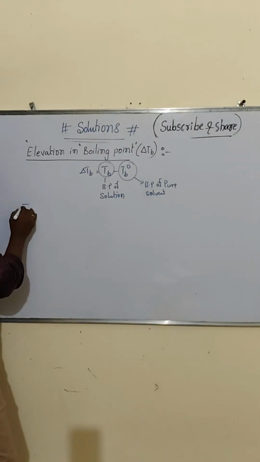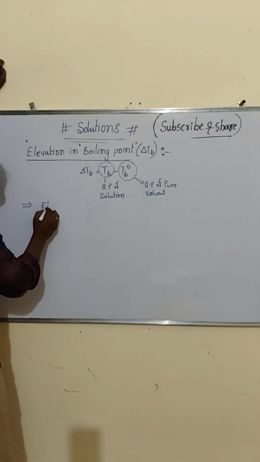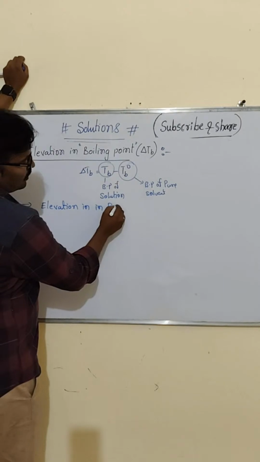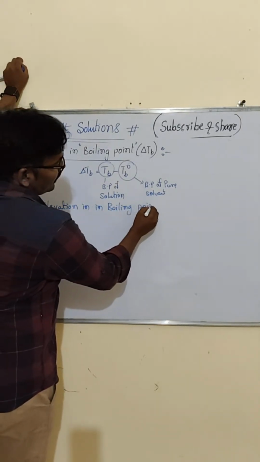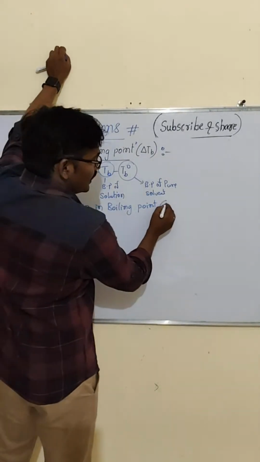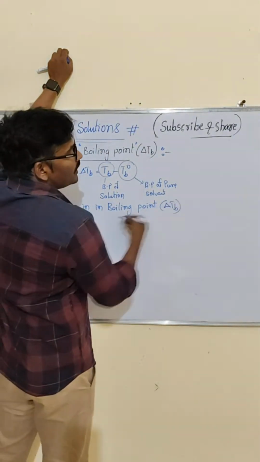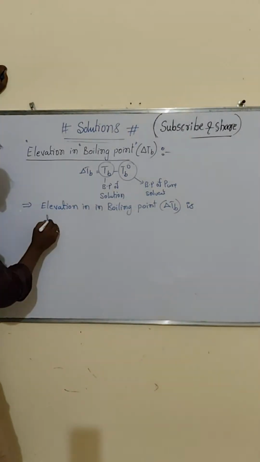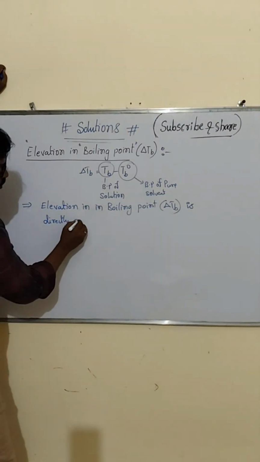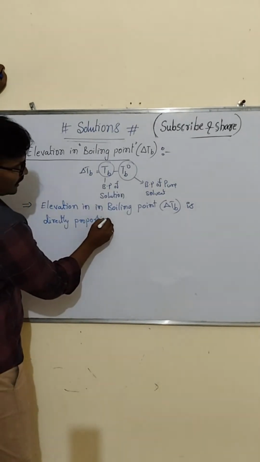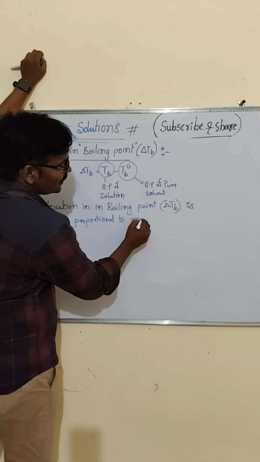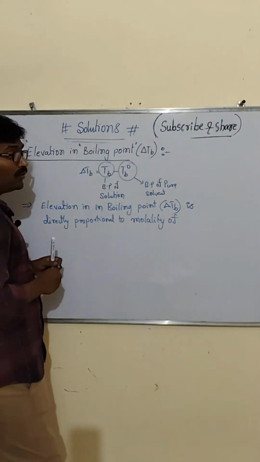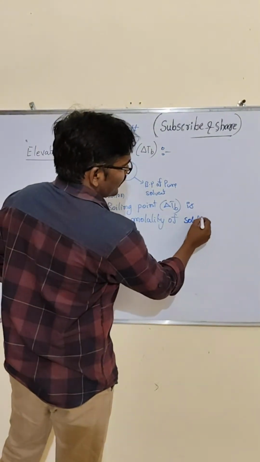So that is the reason they mention the statement: elevation in the boiling point, that is delta TB, is directly proportional to the molality of solution. Clear, my dear students?